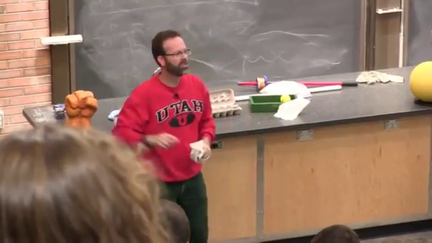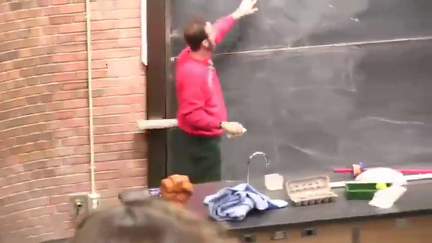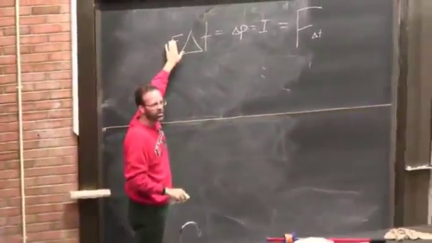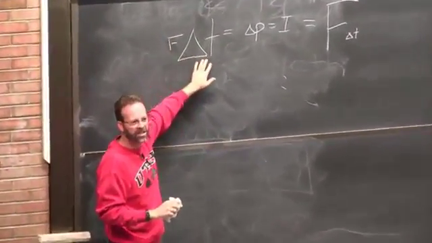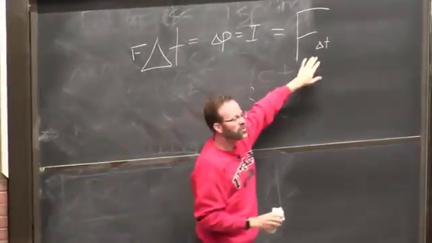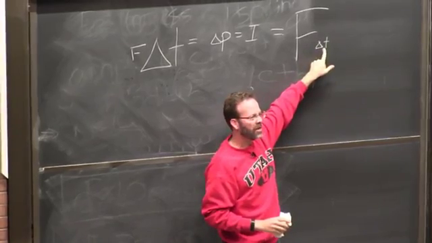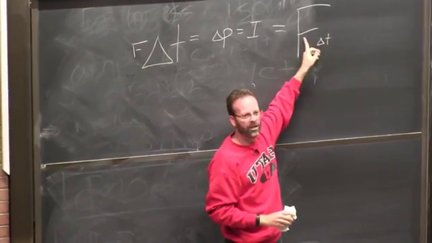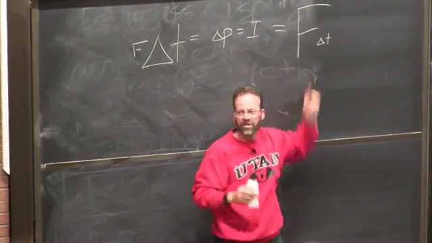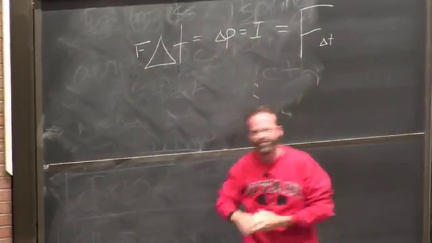But the time was different. So this was the sheet: less force, not enough to break the egg, because it extended the time of the collision by giving. This was the floor. It was a brief amount of time of contact, so it needed a lot of force to stop it, to have the same change in momentum, thus the same impulse. Does that make sense?